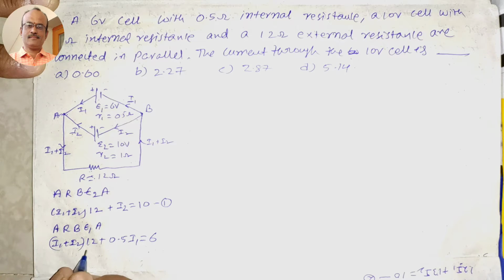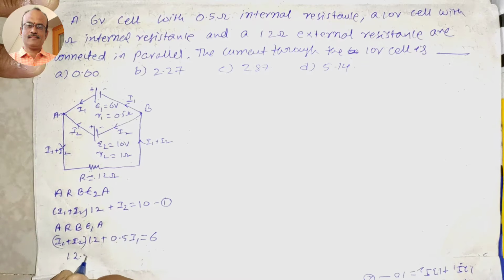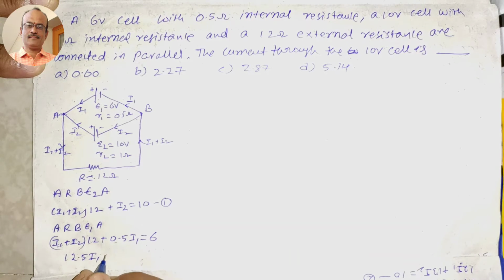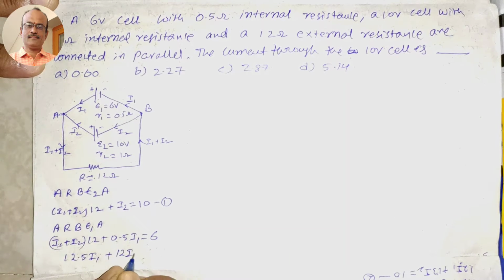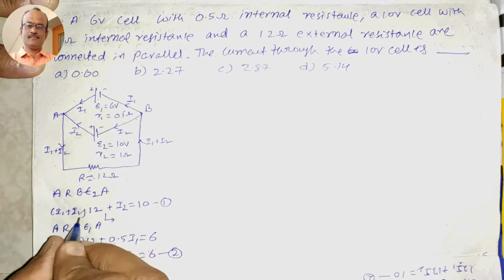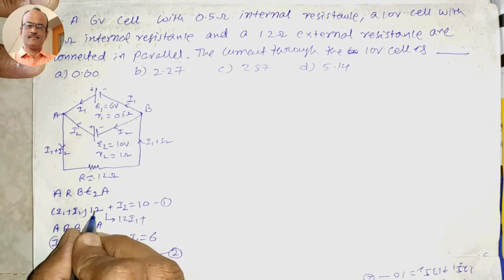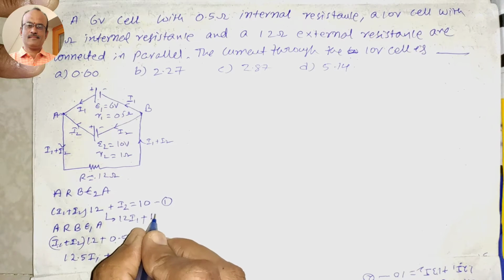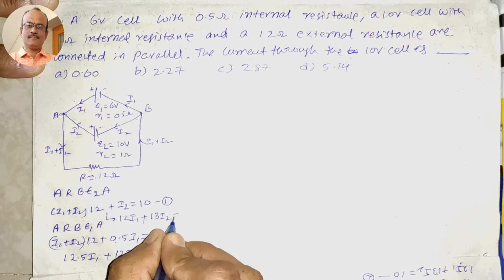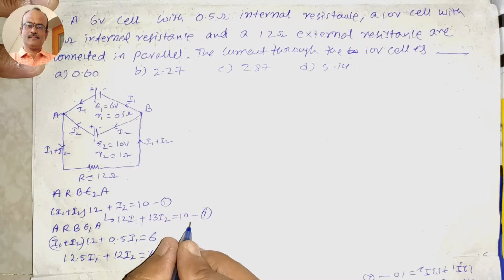On simplification, 12 I1 plus 0.5 I1, that is 12.5 I1 plus 12 I2 is equal to 6. This is second equation. So from the first equation, 12 I1 plus 12 I2 plus I2, that is 13 I2 is equal to 10. This is the equation 1, can be written in another way also.